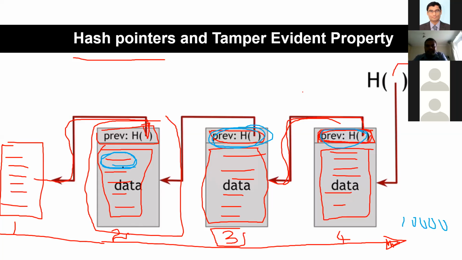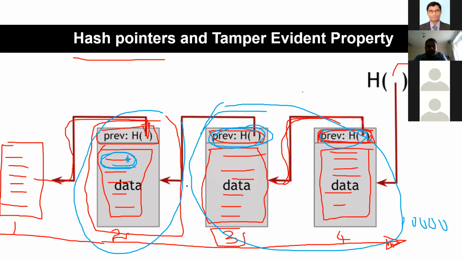It's quite easy, because changing a single bit here will change everything. So that is the first and important use of the hash function in the block. You can see in a blockchain, these are the blocks, and each block is linked to the previous block via a hash mechanism.